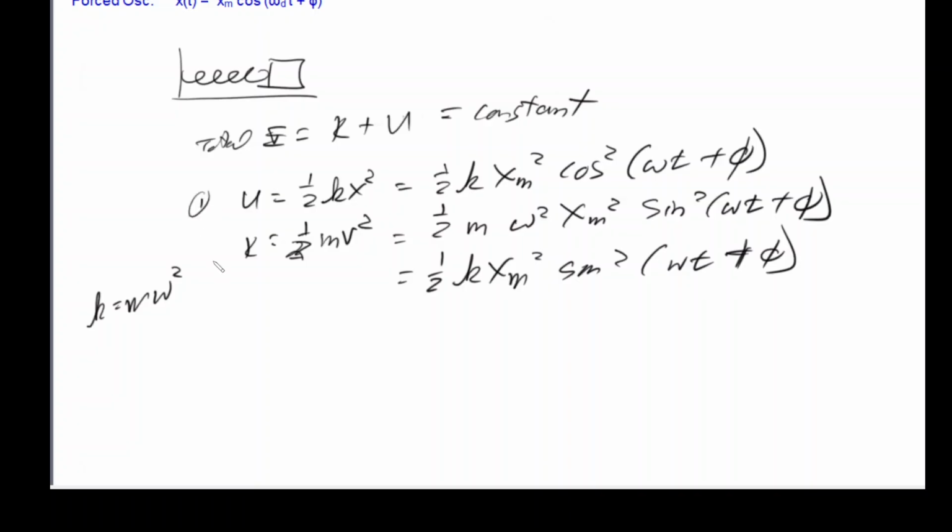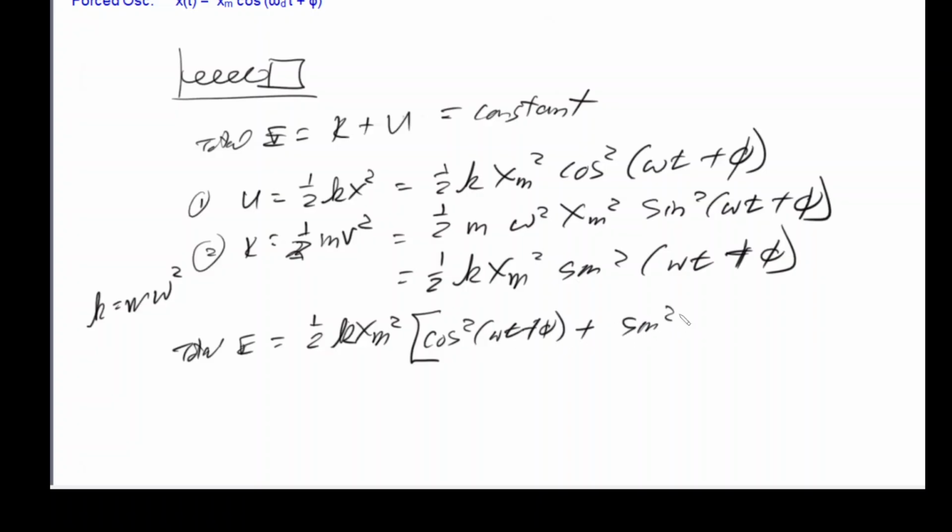Well, if we add 1 and 2 to give us our total energy, we get 1/2 k xm squared times cosine squared omega t plus phi plus sine squared omega t plus phi.